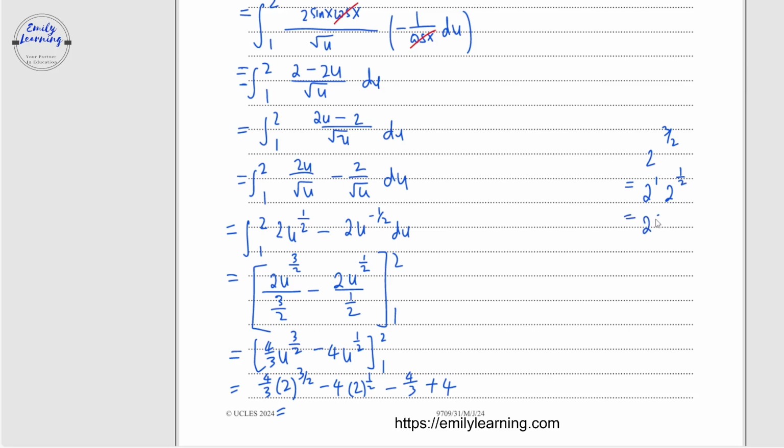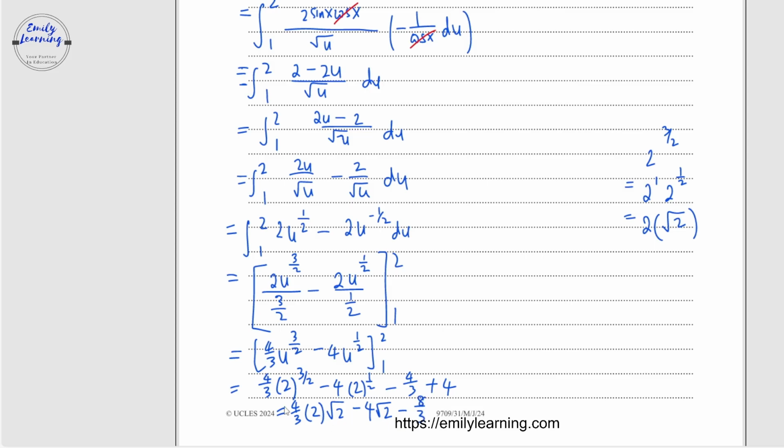So it's 2 times square root 2. Okay, so it's 4 over 3, 2 square root 2 minus 4 square root 2, minus 4 minus 4 over 3. So this, I simplify this, minus 4 over 3 plus 4 is 2 and 2/3, or basically 8 over 3.